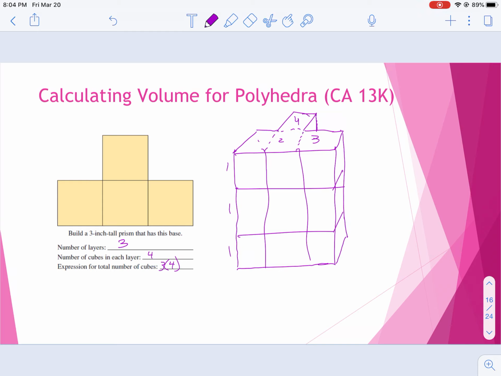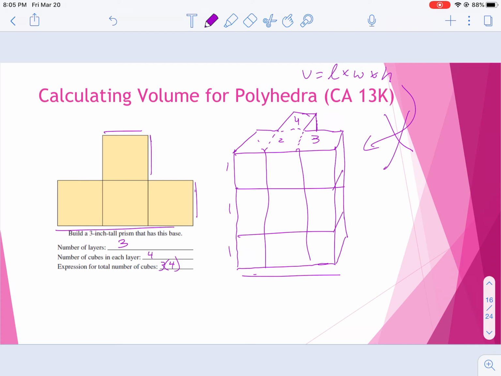Now, this is really interesting. The formula that works for boxes or rectangular prisms, volume equals length times width times height, isn't going to work so well for this, right? Because my length, is it really 3, or is it 1? And my width, what's my width? Is it 1? Is it 2?